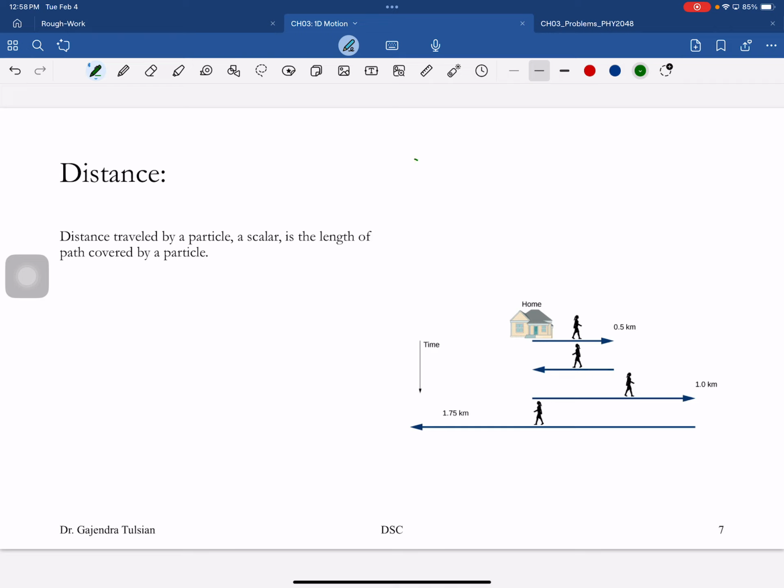Okay, in 1 dimension, a vector can point, so let's say that's the x-axis. The vector can point in that direction or that direction. So let's say your speed is 5 meters per second here and 7 meters per second here. Okay. We can't assign a number for the direction. So what we use is a sign.